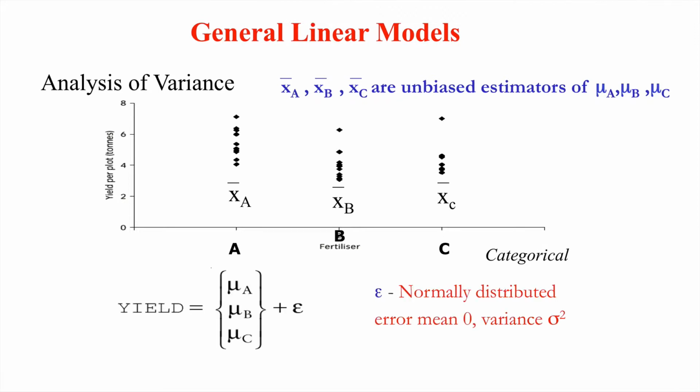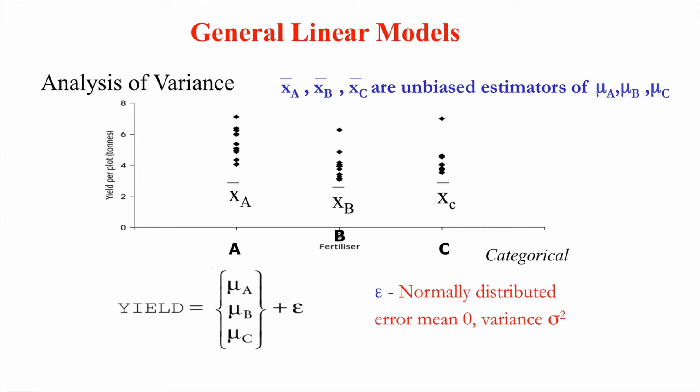Well, it can be variously expressed, but here we have our continuous response, which is yield. And we are acknowledging that there will be some variability, which I'll get onto, this error term. And here we're trying to estimate these things here, the population mean response for yield when plants were treated with fertilizer A, B or C.